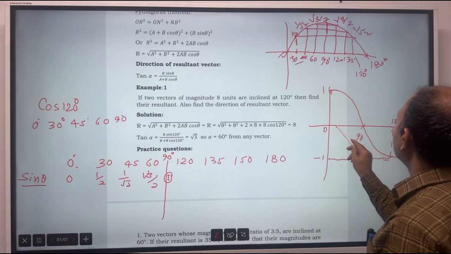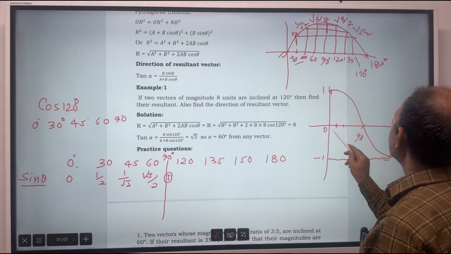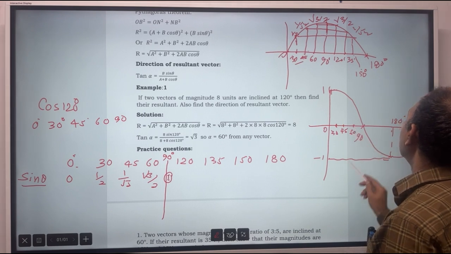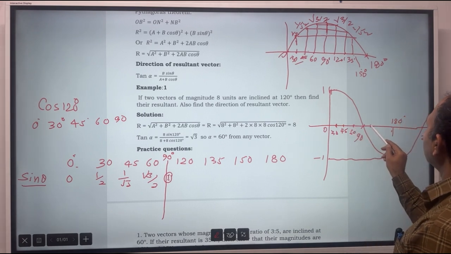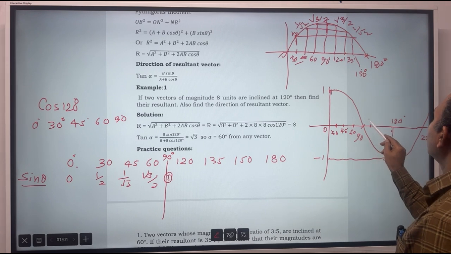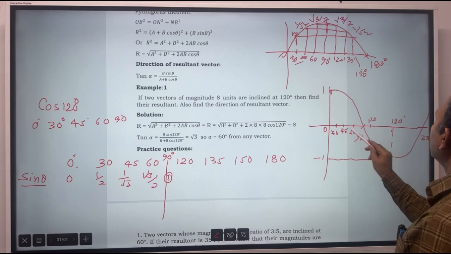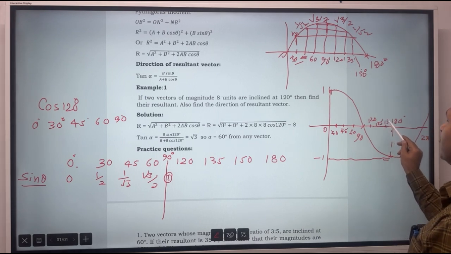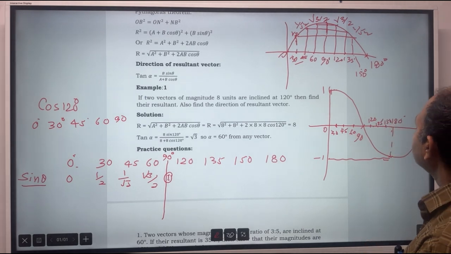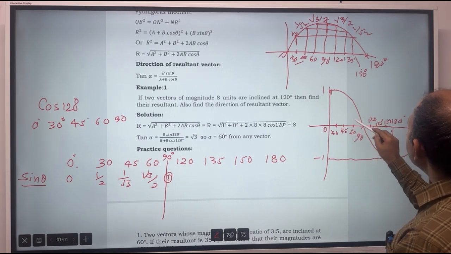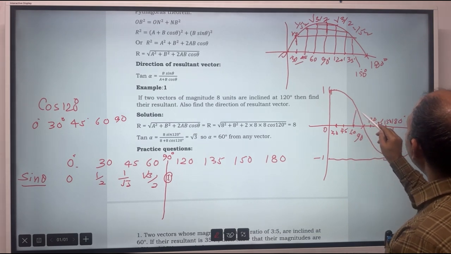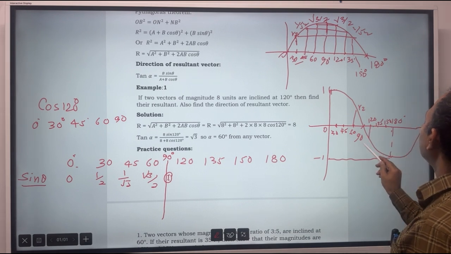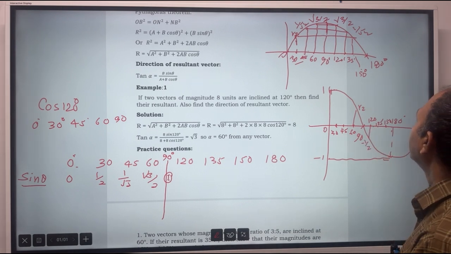Then comes the division. If you remember, you write 30 degrees, then 45 degrees, then 60 degrees. With the same gap, you can write here. There is a gap of 30, so here you just write 120. Then this is 135. Then here 150. Now, if cos 60 degrees is 1 by 2, then here cos 120 degrees will be -1 by 2.